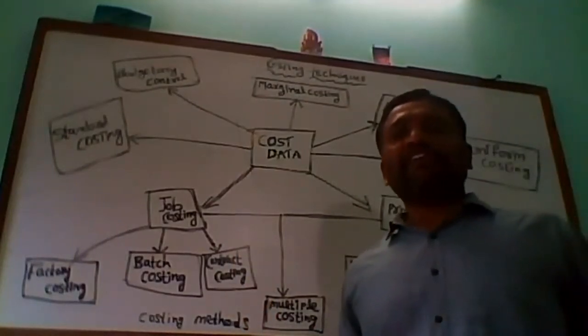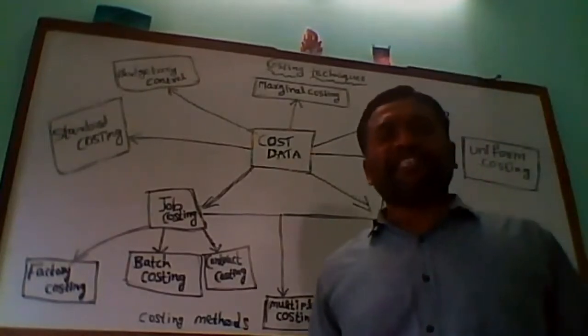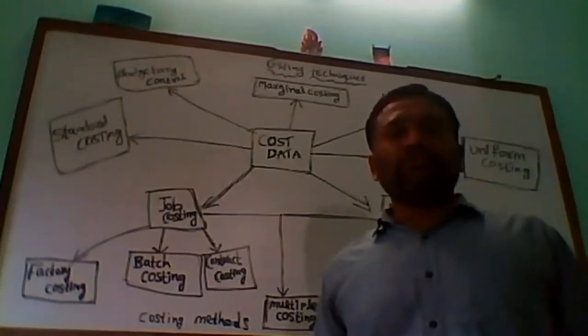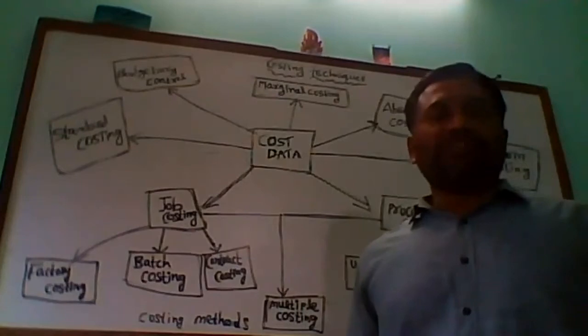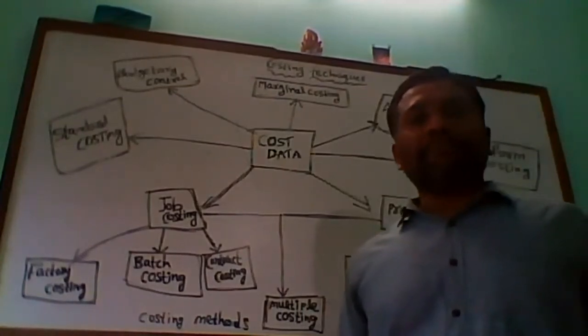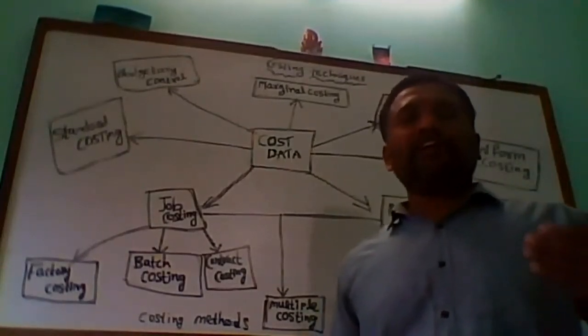So here normally the government would like to build bridges, canals, dams, roads, etc. They are going to use this contract costing. I told you, in contract costing, first the government is going to give the tender notice, and the contractors who are there are going to quote for the contract.